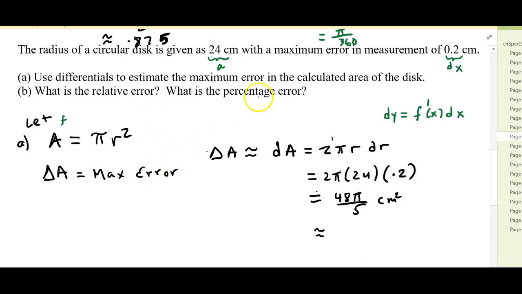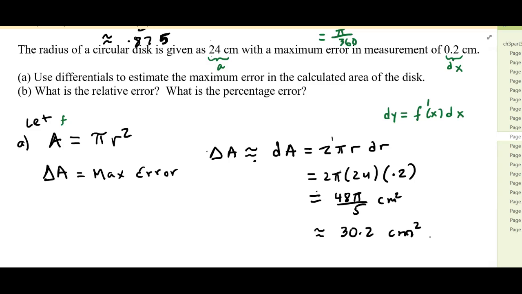So approximately 30.2 centimeters squared. So does that seem like a lot? It's possible that we're off by 30.2 centimeters squared. So if we're off by 0.2 in the measurement, the max that we can be off with the actual area is 30.2 centimeters squared. Does that seem like a lot to be off by?